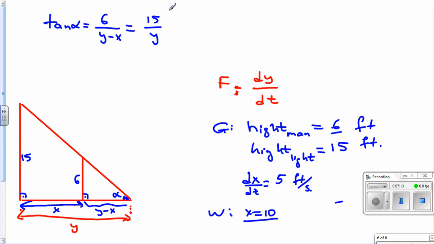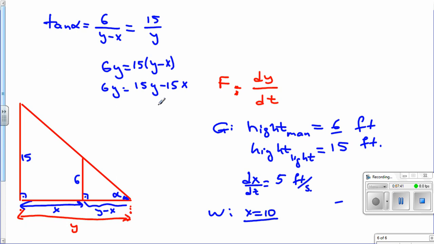Let's continue with this proportion. Cross multiply: 6 times y equals 15 times y minus x. Be careful, you need to use parentheses and distribute 15 in the next step. So you'll get, this part is simple math, 15y minus 15x.